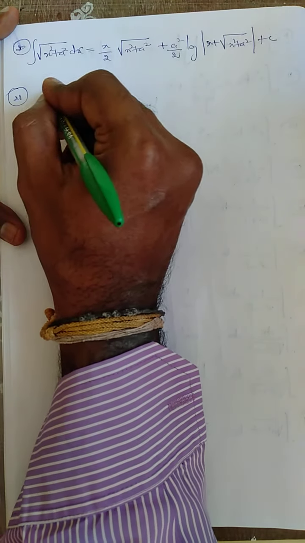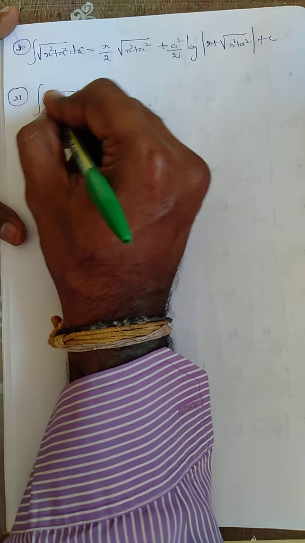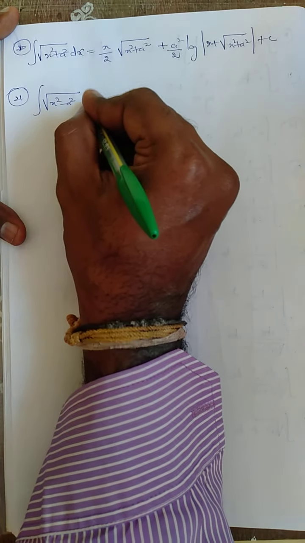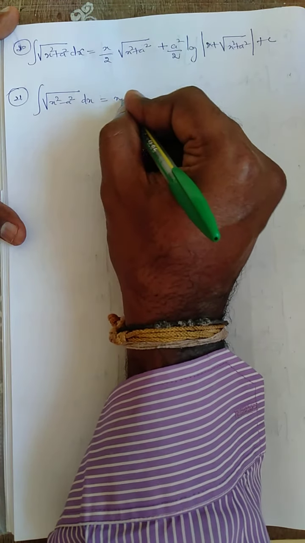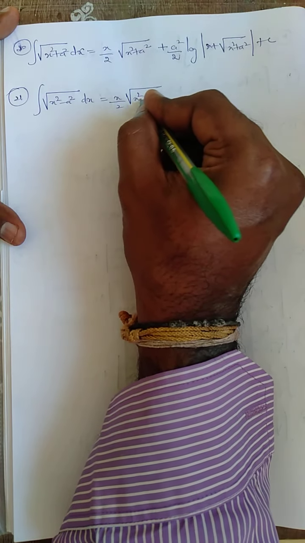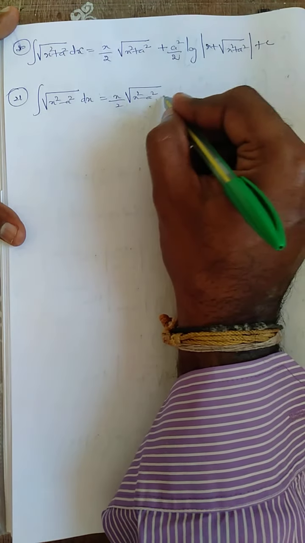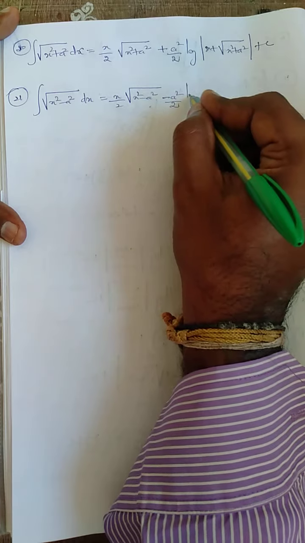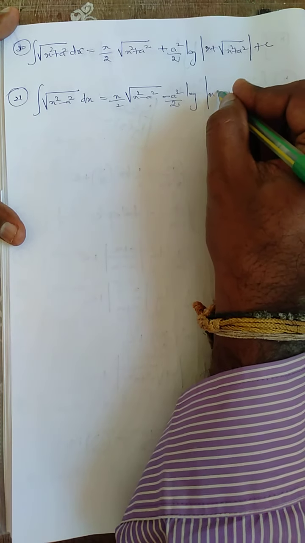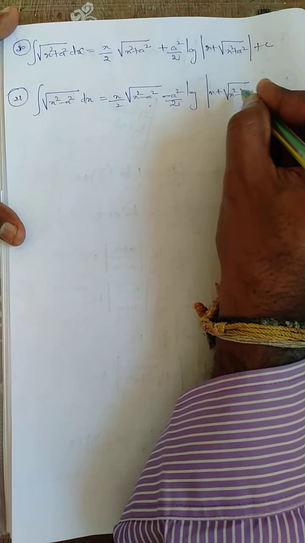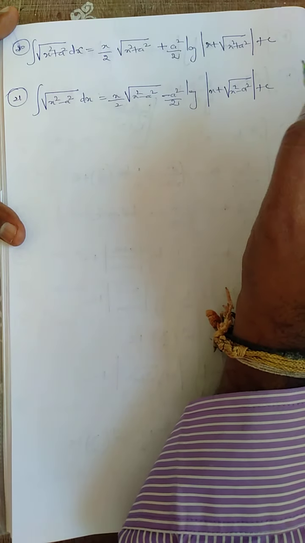Formula number 21. Integration of square root of x square minus a square into dx is equal to x by 2 square root of x square minus a square minus a square by 2 log modulus of x plus square root of x square minus a square plus c.